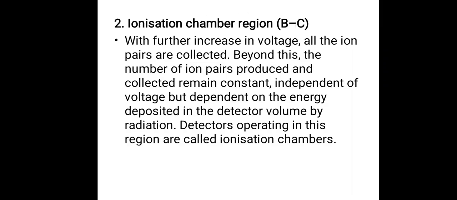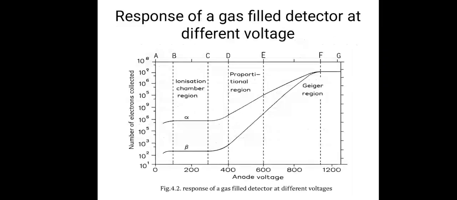Detectors operating in this region are called ionization chambers. B and C are called the ionization chamber region.